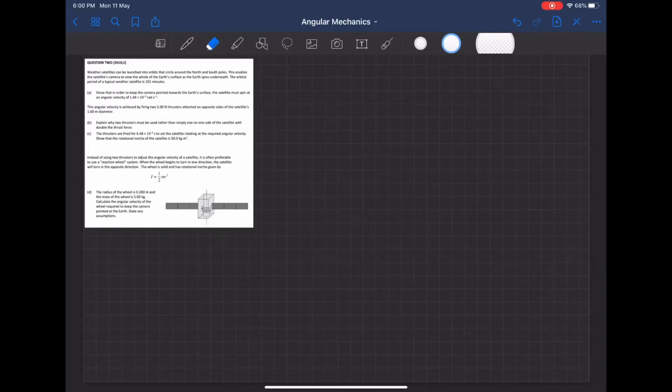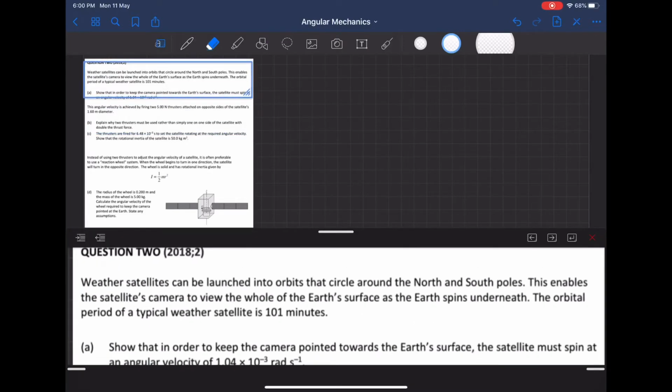We are going to be using the Angular Mechanics NCEA question 2018 number 2 A to D today, looking through at how to answer these questions. So when we look at the scenario, satellites can be launched into orbits that circle around the North and South Pole, and this enables the satellite's camera to view the whole Earth's surface as Earth spins underneath it.